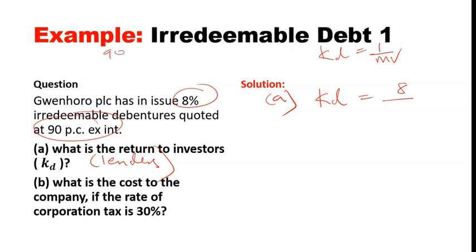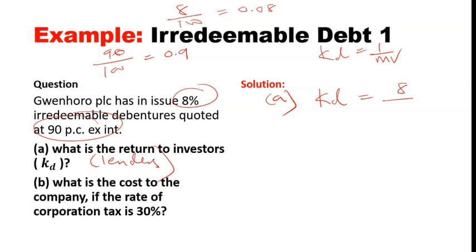That is 90 over 100. Okay, which simply means, as we have done, 8 over 100 is the same as 0.08, and 90 over 100 is the same as 0.9.